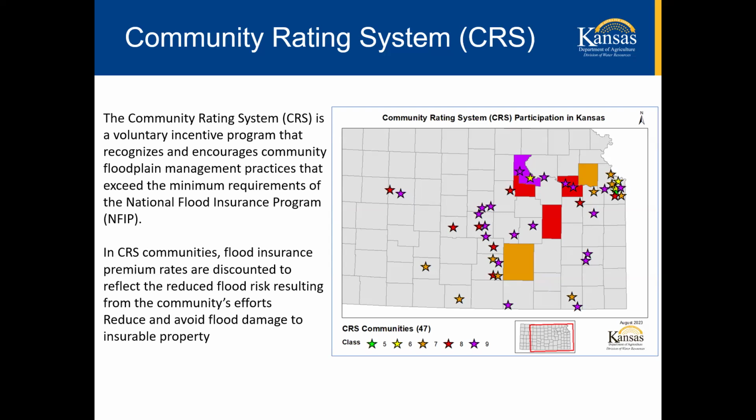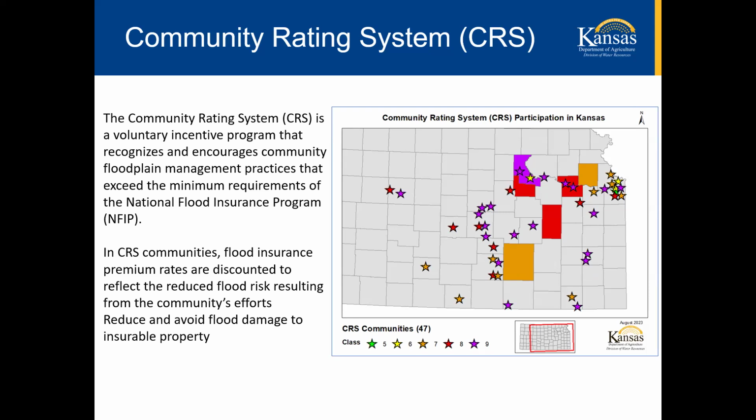At a class 9, that's a 5% discount. 8 is a 10% discount, and so on and so forth. The lower your class number is, the more points you have, and the more people get discounts on their flood insurance premiums. The lowest we have in Kansas is Lenexa at a class 6.